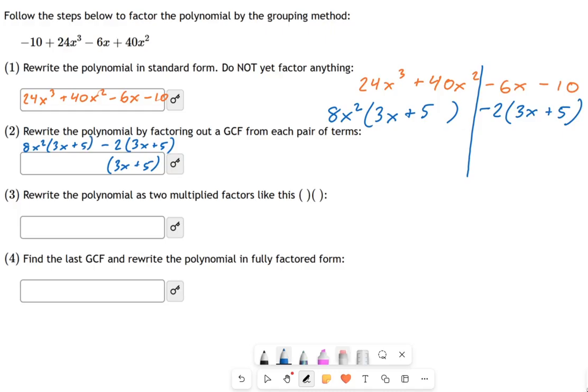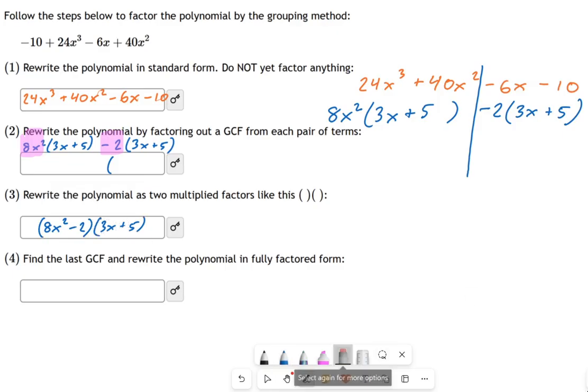And whatever the coefficients were, that's this minus 2 and the 8x squared, those also get their own parentheses. So there's an 8x squared minus 2. Now that's my factored form.